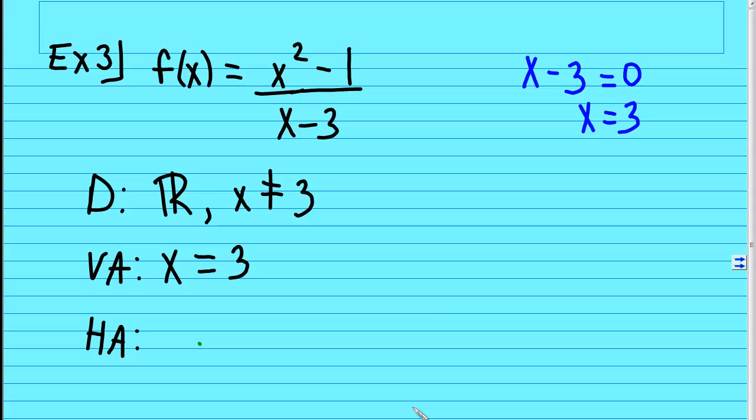Now looking at the horizontal asymptote, my highest degree in the numerator is 2. The highest degree in the denominator is 1. The numerator is greater than the denominator. So therefore, if the degree of the numerator is greater than the degree of the denominator, then the graph has no horizontal asymptote.